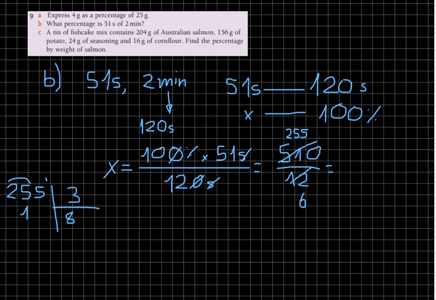I put here this 5, and 3 times 5 is 15, to the 15, it's 0. So the third part of 255 is 85, and the third part of 6 is 2.